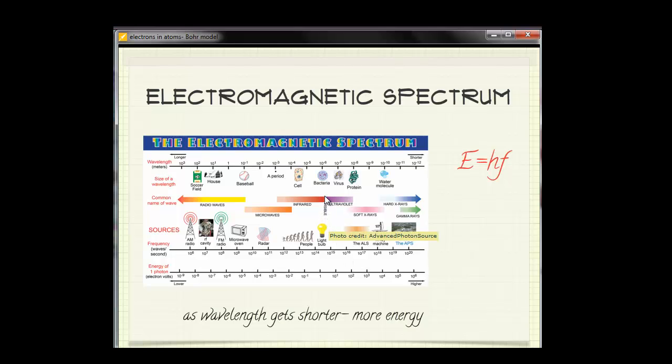We use it so much and we're so used to it, but it's only a very narrow range of the electromagnetic spectrum. Then you get even shorter waves up to gamma rays. But notice the frequency of these waves is inversely related to the wavelength. So you have a very long wavelength, but you have a very low frequency. You have a very short wavelength, you have a very high frequency.